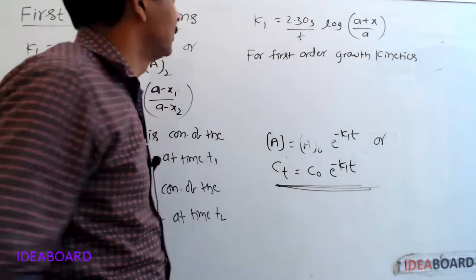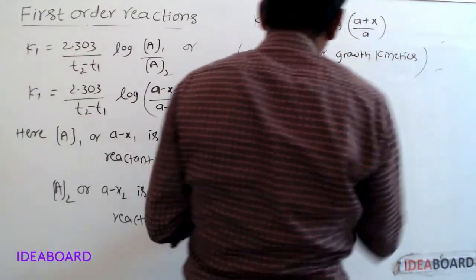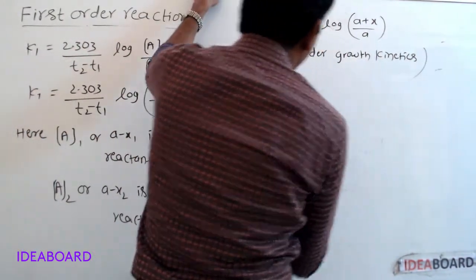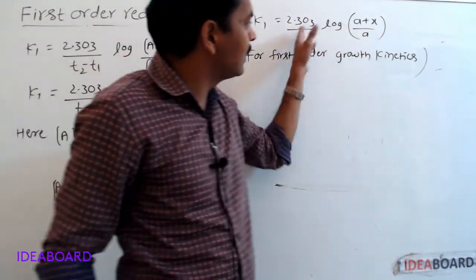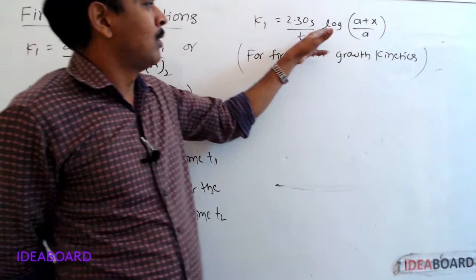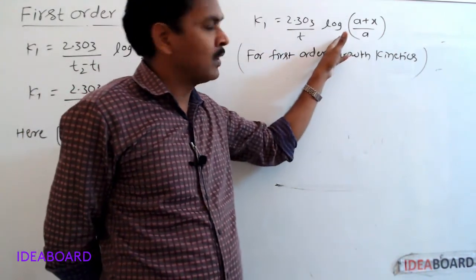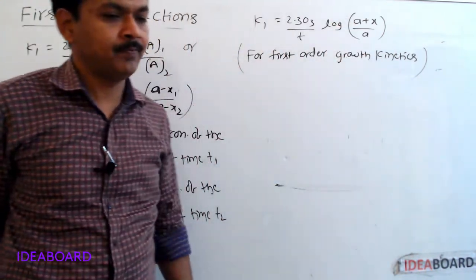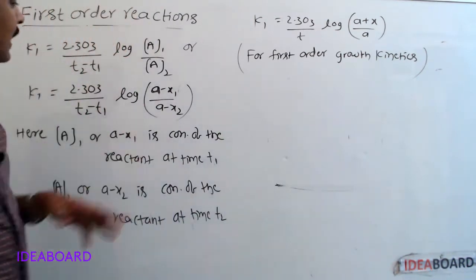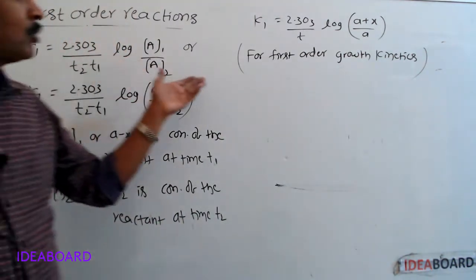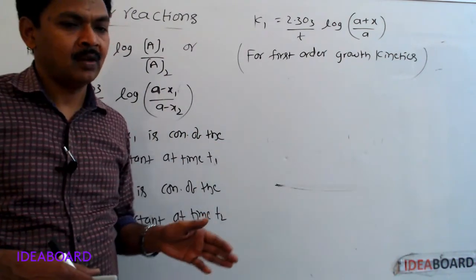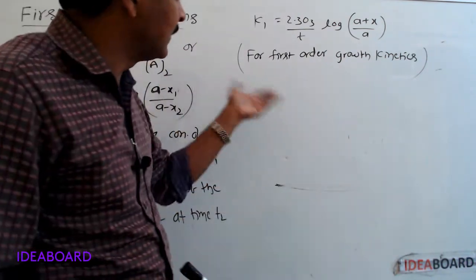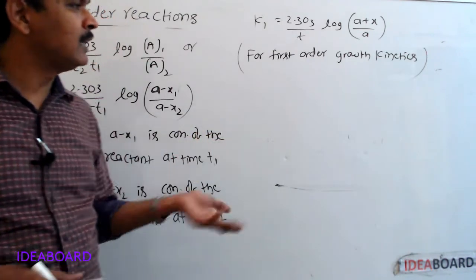This equation is used for bacteria multiplication and for population growth. In chemical reactions, as the time increases, the concentration of the reactant decreases.